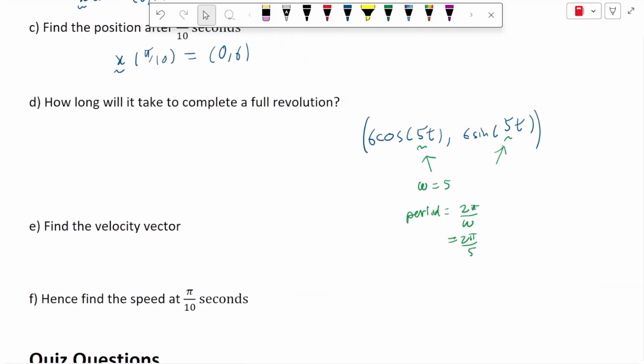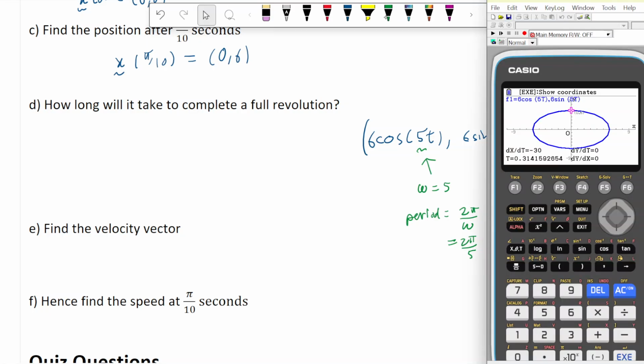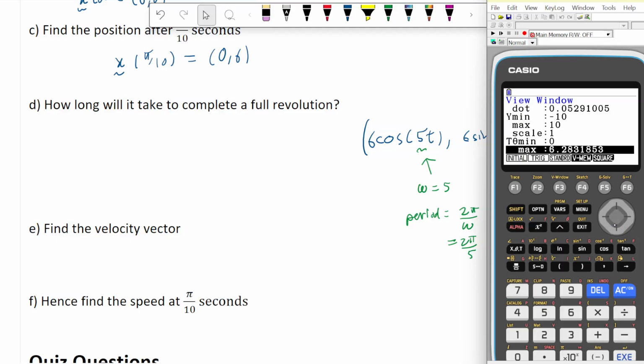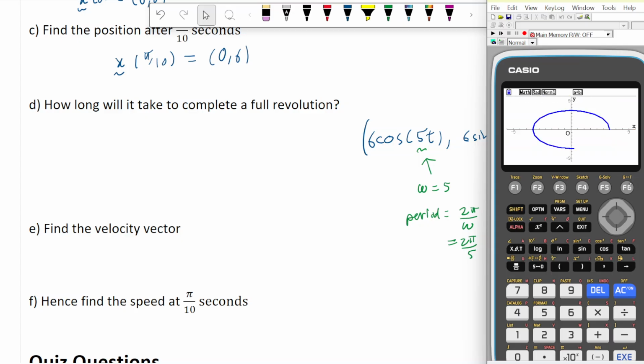So if we want, we can just set our window to something just a bit shy of 2 pi over 5. So t currently goes up to 2 pi, so it's actually doing 5 whole loops of the circle now, and the calculator draws it. But if I go 2 pi over 5, and maybe take off 0.3 or something, just so it's a little bit less, we should see that it almost draws the whole circle. Yes, it does.